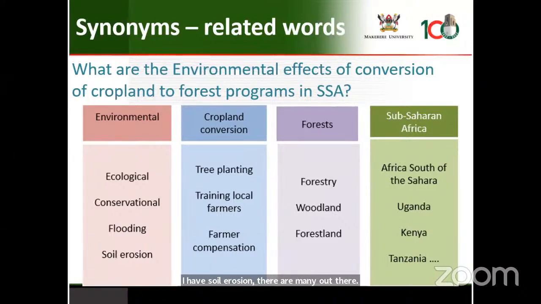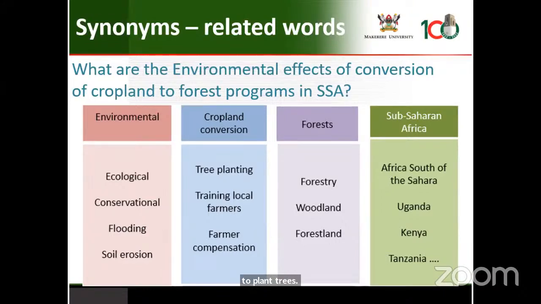Then cropland conversion means converting cropland into something else. So we are going to convert it into forests, for example. The related words would be tree planting, then training as an intervention, training of people how to plant trees. Then there is farmer compensation.